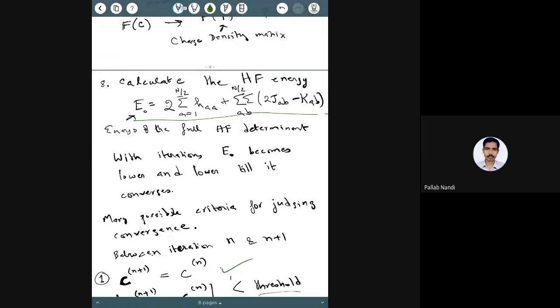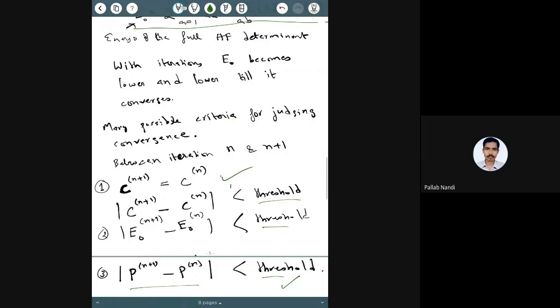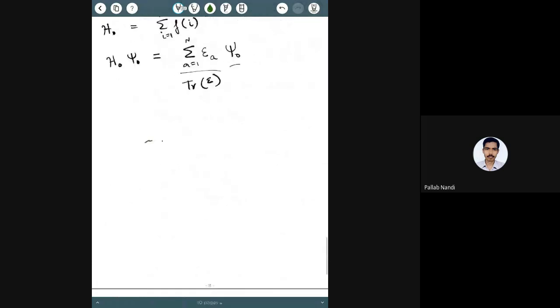Because what is the expression for each orbital energy? Let's look at that.